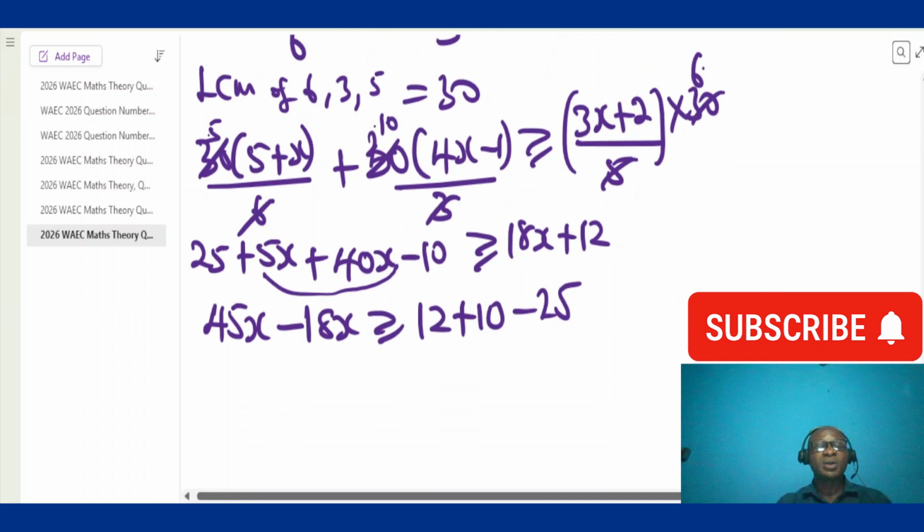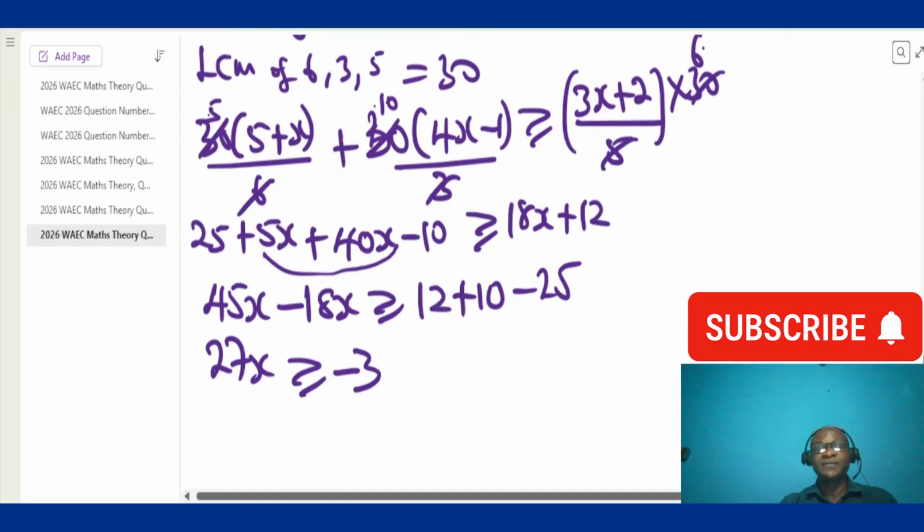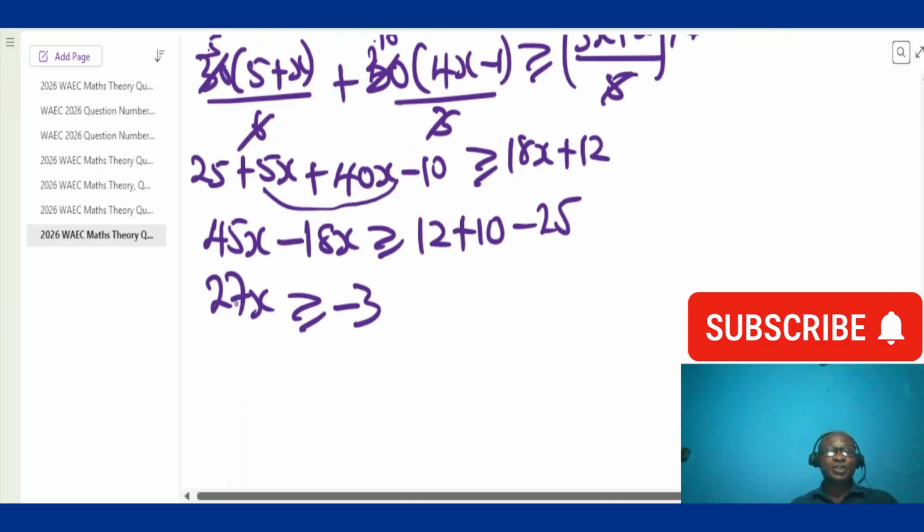I can now work it out. So you can see 45 minus 18 will give me 27x, greater than or equal to 12 plus 10, which will give me 22, and 22 minus 25 will give me minus 3. Implying that the actual value of x here is now going to be x is greater than or equal to minus 3 all over 27.